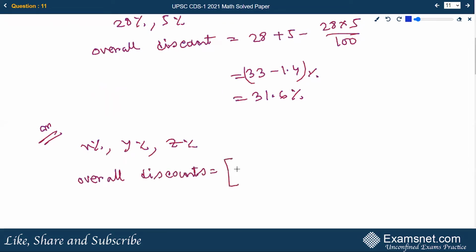The formula is 1 minus x percent, 1 minus y percent, 1 minus z percent, multiplied by 100.